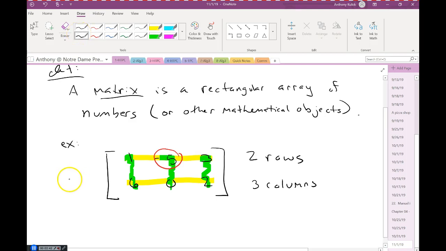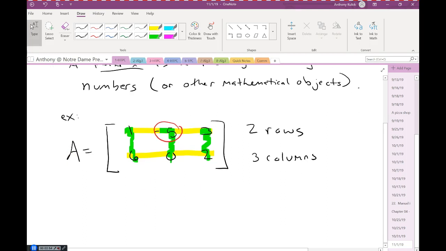Typically, we're going to give a matrix a name. Usually we use capital letters, so I'm going to call this matrix A. The numbers inside of this matrix, I'm going to name with lowercase letter a, and then I'm going to describe the specific number with a subscript. The subscript for the -5 is 1, 2.